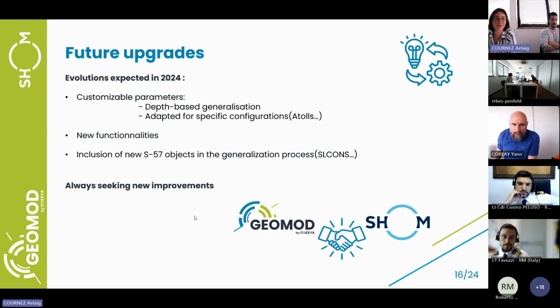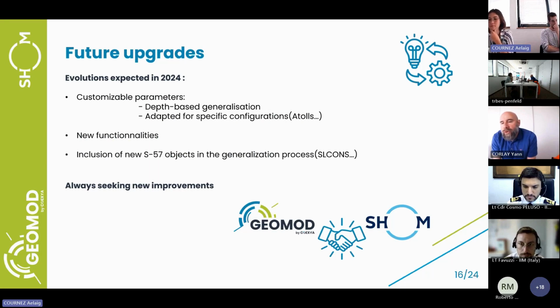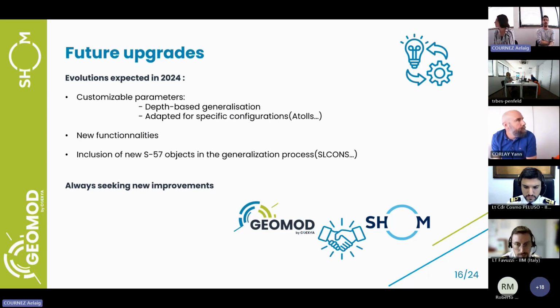Thank you. Oh yeah, the feature upgrades. We are always ready to look for new ways to improve the tool with Geomod. We continue to improve the tools for the future. This includes the ones that Daniel pointed out about encoding, to add some S57 objects into the final chart.